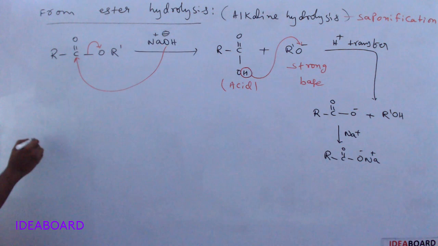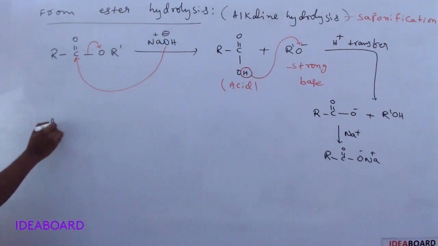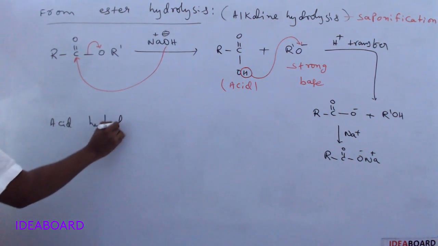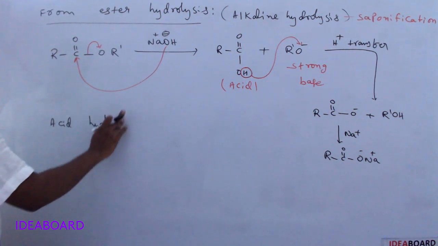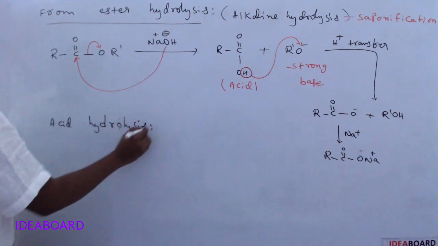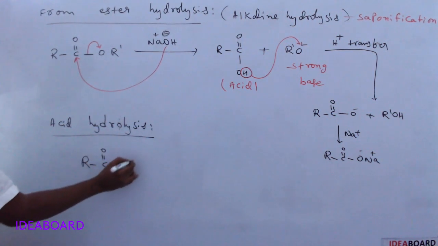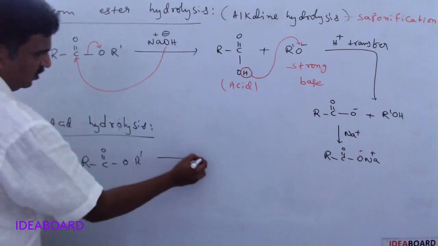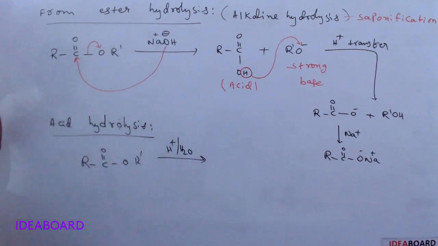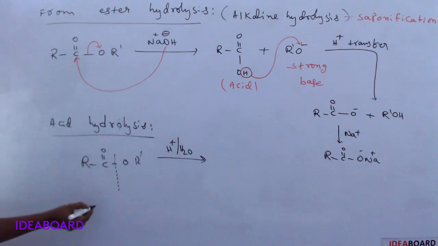Okay. And next, acidic hydrolysis is also present. So that is a simple process, acid hydrolysis. Here acid hydrolysis means RCOOR dash, here H plus H2O. In the presence of H plus H2O, always the bond dissociation occurs.